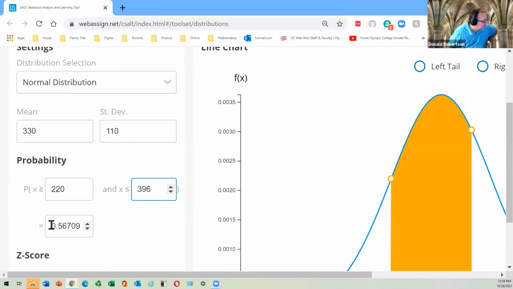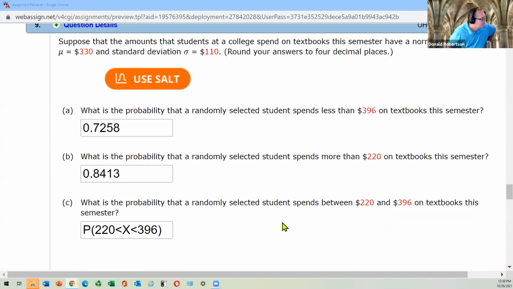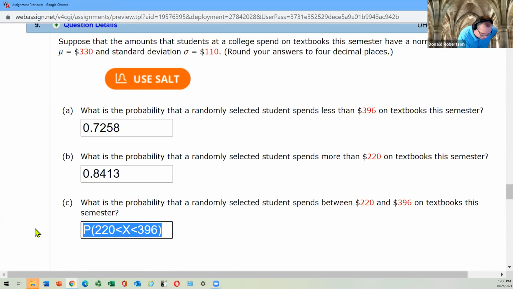Oops, hit the wrong box there. And the answer is that guy. And if you round that off, that goes up a 1.